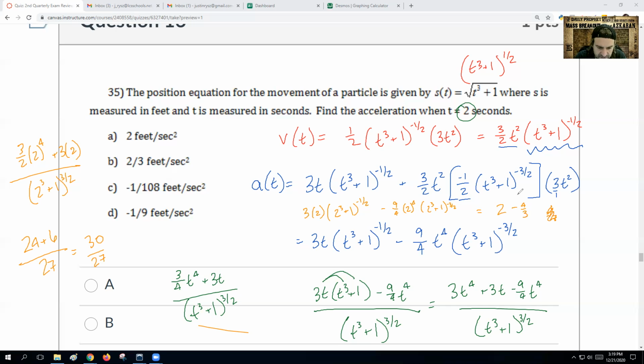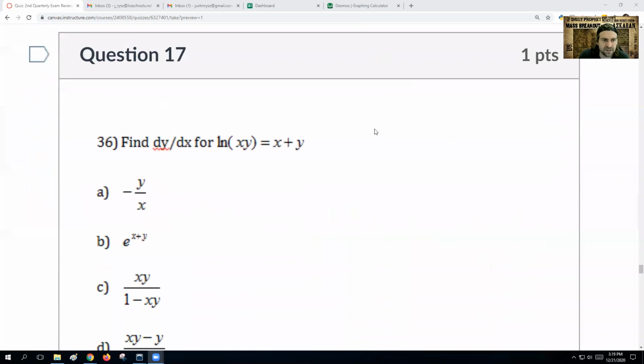What's 2 minus 4/3? That's 2/3. And there's the answer. So I made a mistake simplifying here, but the answer is 2/3. These are definitely tougher problems than what are on the exam. I'll put the tough ones on the review.